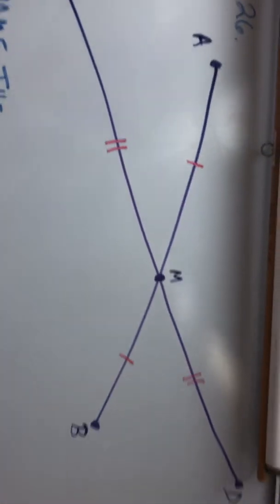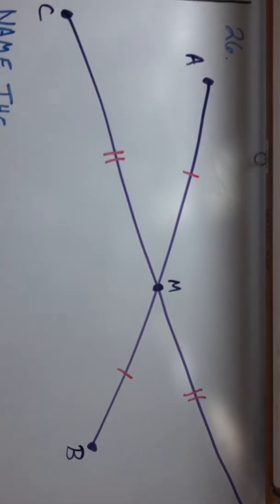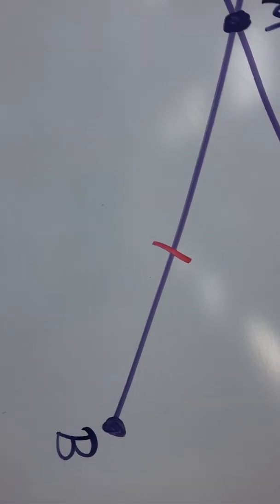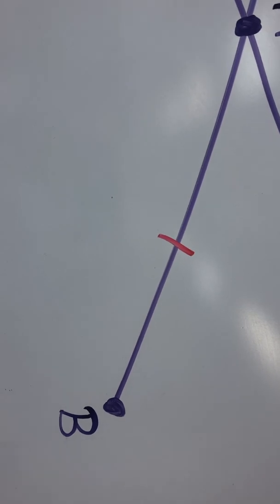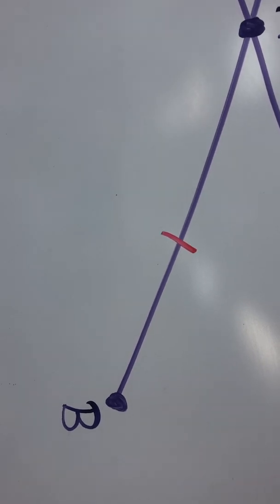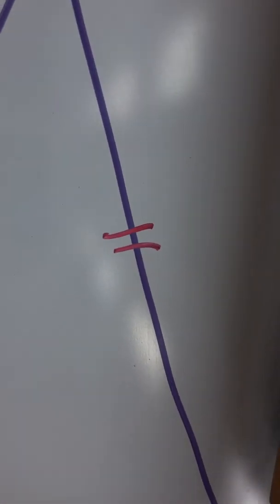Over here, these slashes, if there's a single slash, see there's a single slash here and a single slash here. It means those two segments are congruent. Congruent means equal, not only equal, same size and shape. There's two slashes here, that's congruent to the two slashes here.